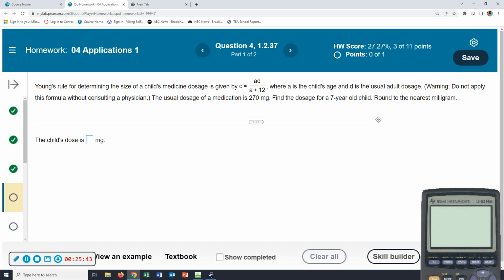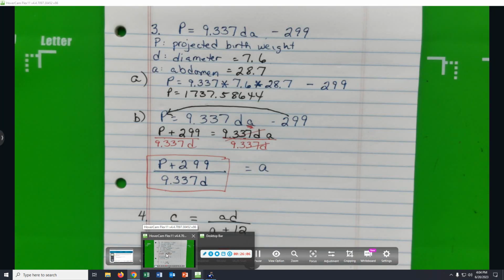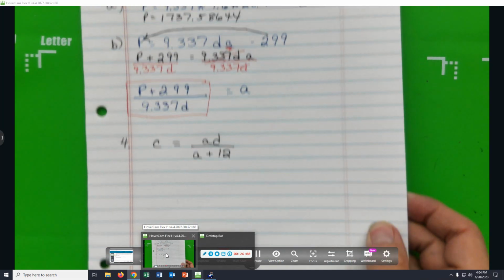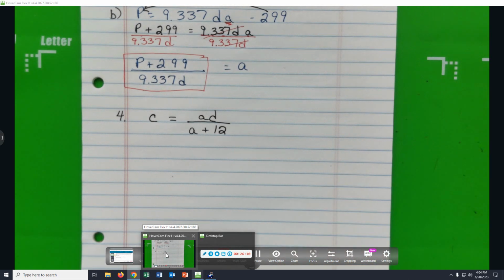Young's rule for determining the size of a child's medicine dosage is given by C equals A times D divided by A plus 12. At this point, hopefully you're getting the pattern. I'm writing down the formula.